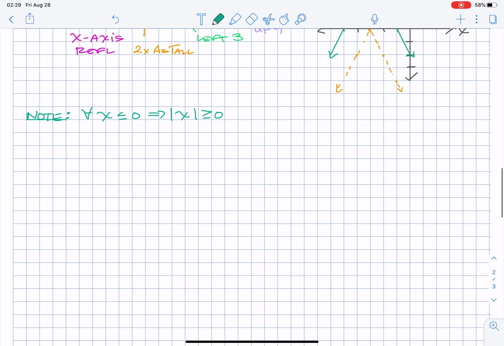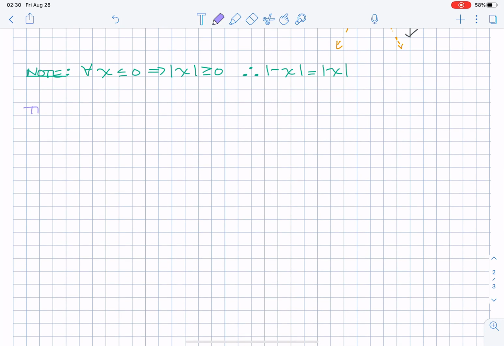Because the absolute value of a negative number is positive. So therefore, the absolute value of a negative number, say negative 5, will be the same as the absolute value of the positive number, say positive 5. In absolute value, they're both the same. It's a theorem.